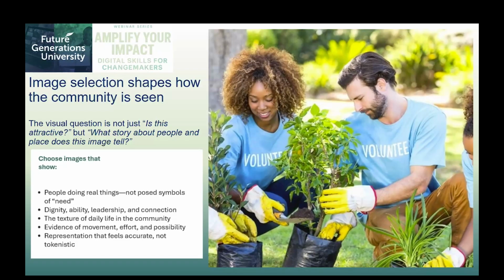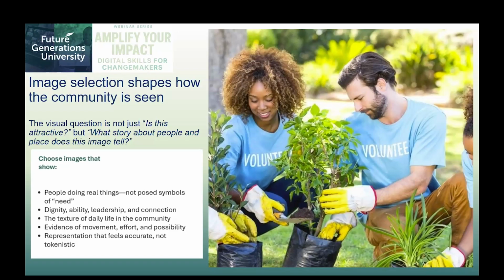And so those are the not posed things. Those are the pictures of people doing real things. Maybe it's a teacher in the classroom teaching students. Maybe it's a farmer out in the field on a tractor, or maybe it's a producer in the forest tapping trees.